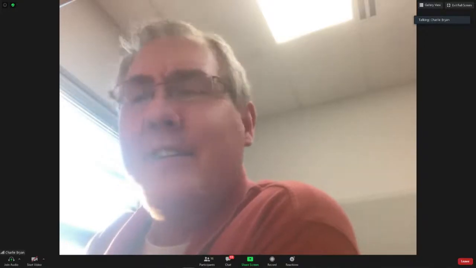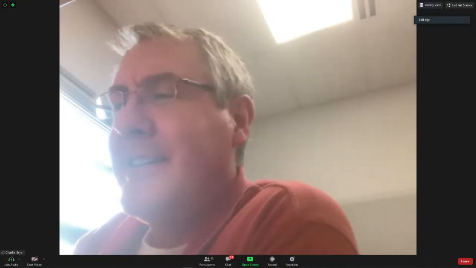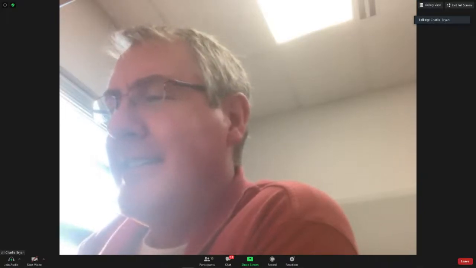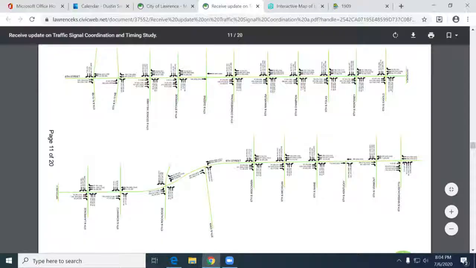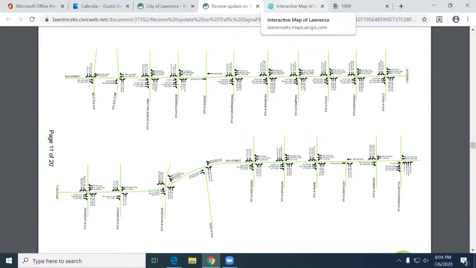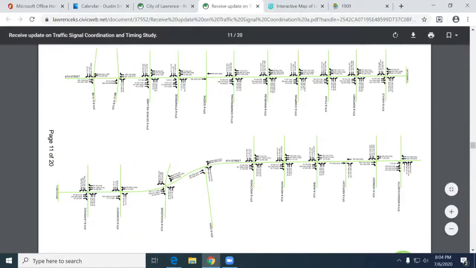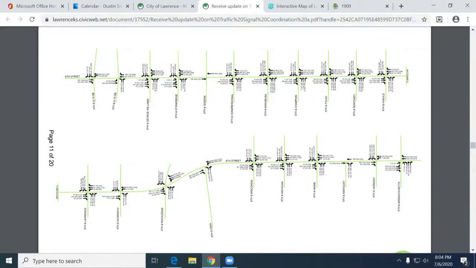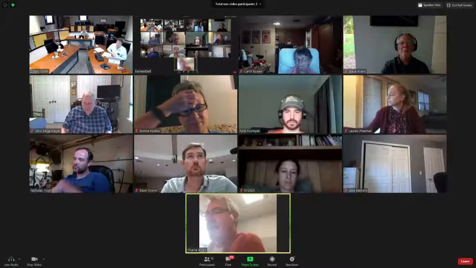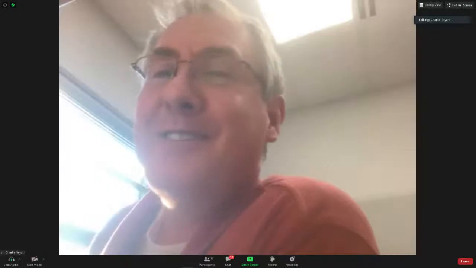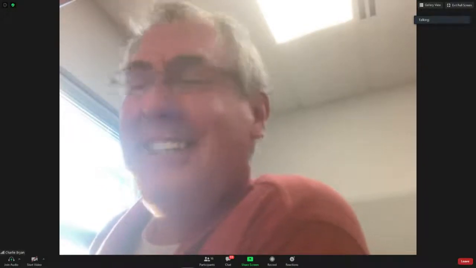I think I've seen other ways of visualizing traffic count data. And while this is impressive, it would be nice to show kind of a heat map version of this that would indicate how these all are relative to each other. Like, does 6th and Congressional get as much action as 6th and Wakarusa? Clearly it doesn't. But if there's a way to show that with a heat map kind of approach, that would be really cool. So I don't know if you can pass it on to Olson. There's a lot of data in this though, so I think it's useful.